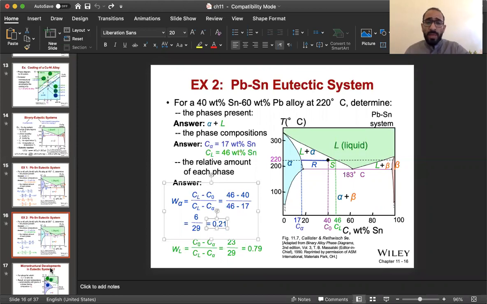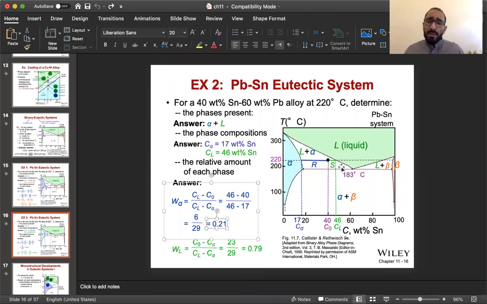Now we want to know what's happening in terms of the microstructure as you cool down or heat up in this phase diagram. Remember, I have mentioned a couple of times that liquid is going to transform directly to alpha plus beta.